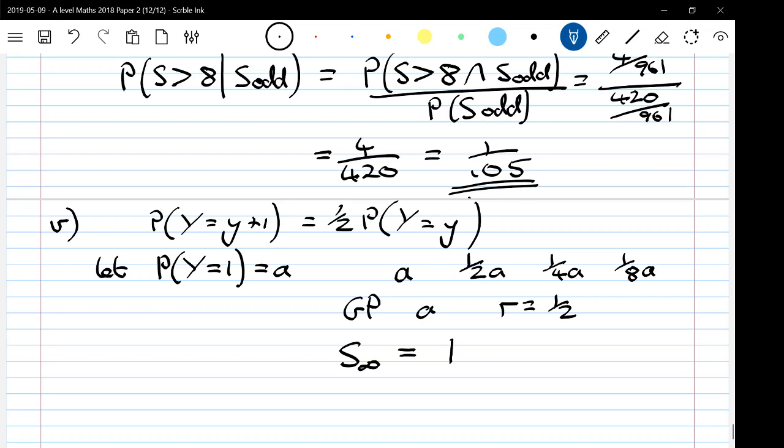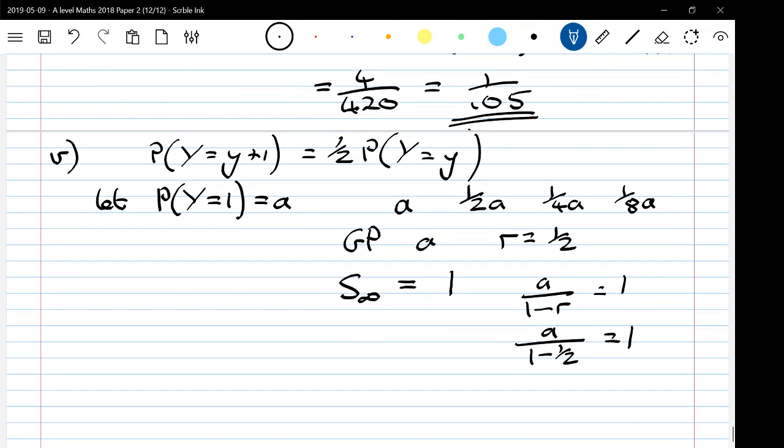And the sum to infinity of a geometric progression is A over 1 minus r. That's A over 1 minus a half, which is 1. That's A divided by a half is 1. So A is a half. So the probability that Y is equal to 1 is a half.